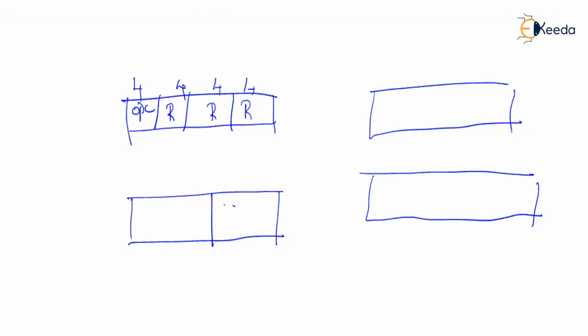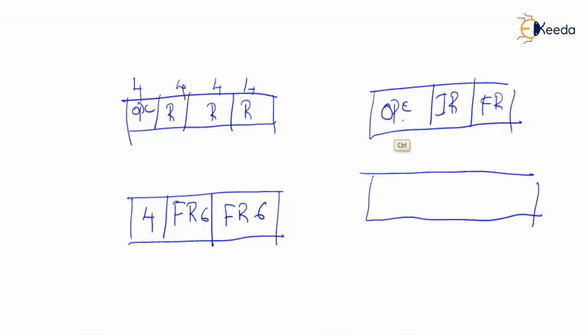Type 2, floating point register, floating point register: so 6, 6, 4. Type 3, floating point register, integer register. So the opcode is equal to 6 plus 6, this is 6, this is 6, this is 4, this is equal to 6. Finally, there is one floating point register, and the opcode.